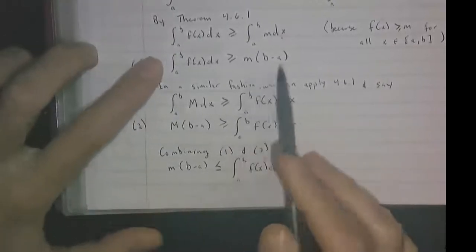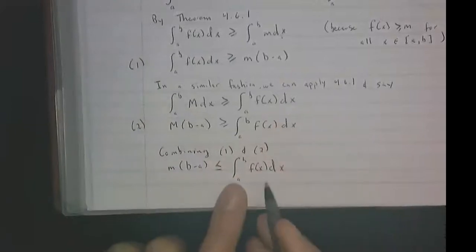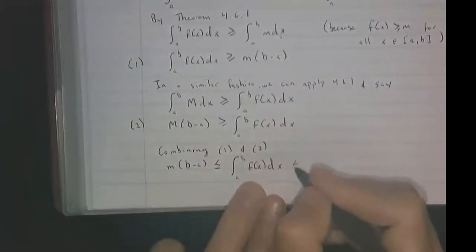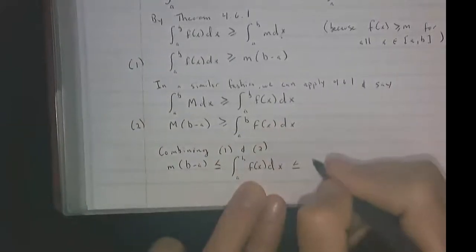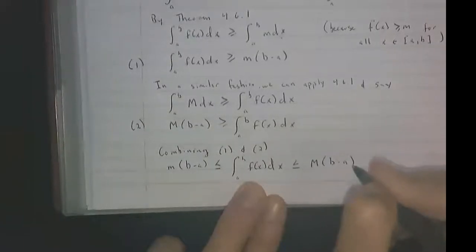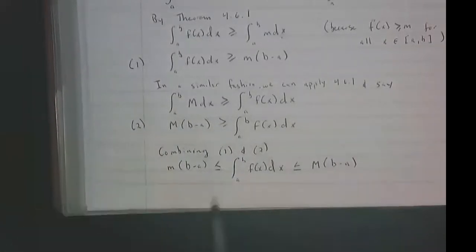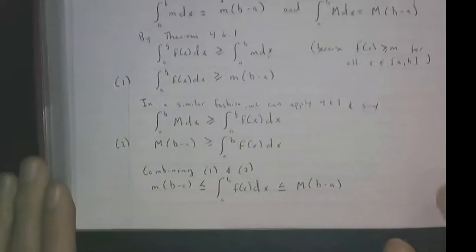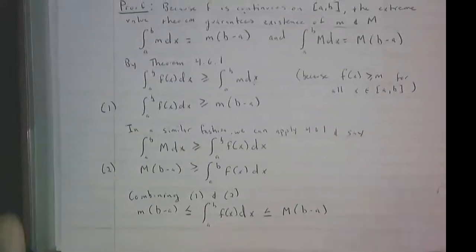That was 1, just flipped, which in turn is less than or equal to big M times b minus a, which was 2. Cool.